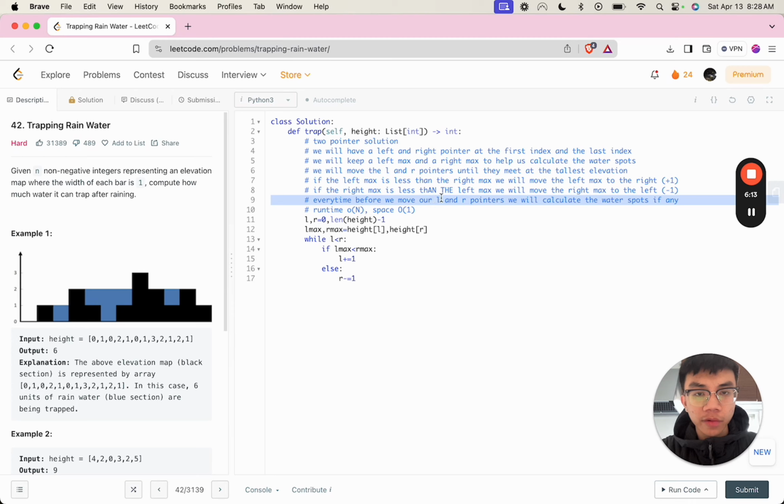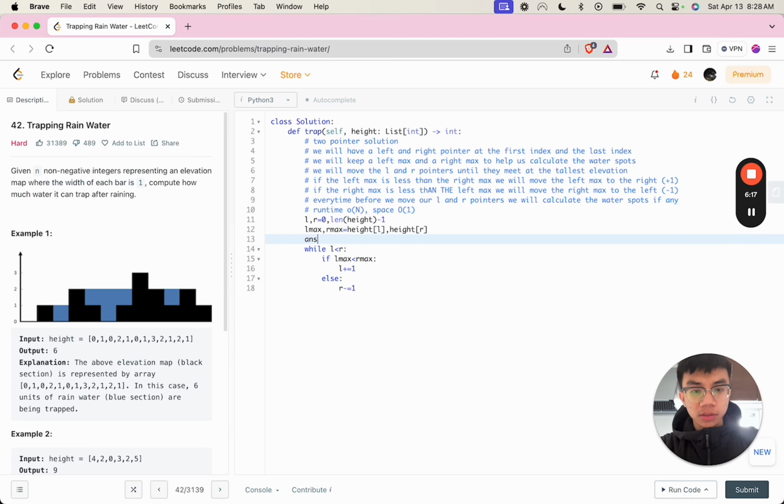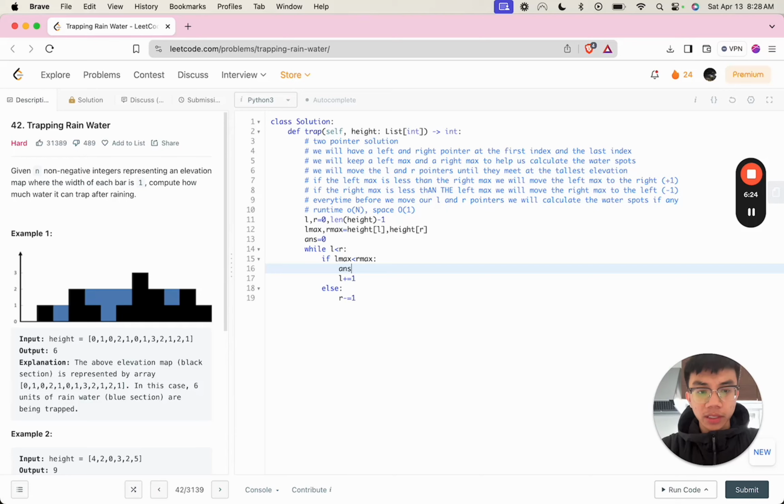Every time before we move our left and right pointers, we will calculate the water spots, if any. So our answer is 0, and before we move the pointers, we will calculate the spots. So our answer plus equal the left max minus the current height of left. Same with right. Our answer is right max minus the current height of right.